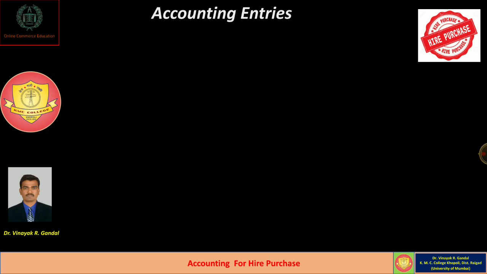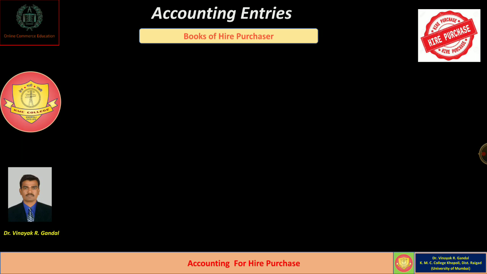So dear students, for making the ledger accounts and preparing the detailed accounting procedure, we must understand various accounting entries. First of all, we have to learn accounting entries in the books of hire purchaser, that is called the hirer. Okay.